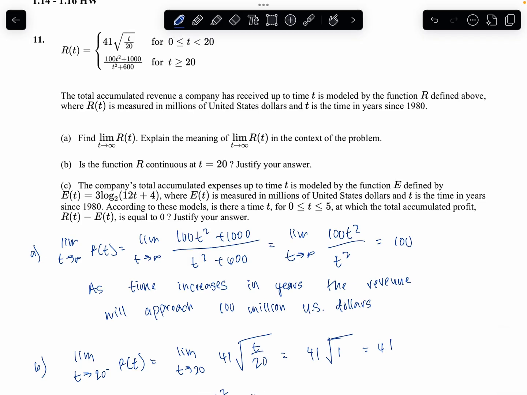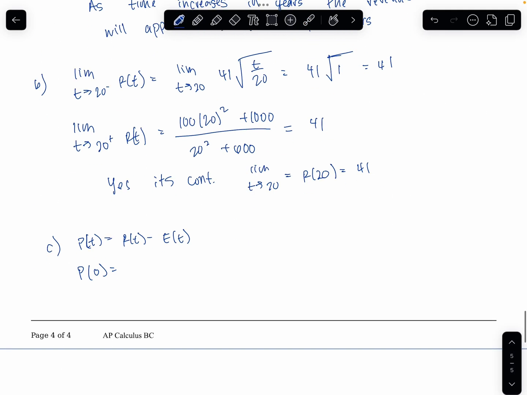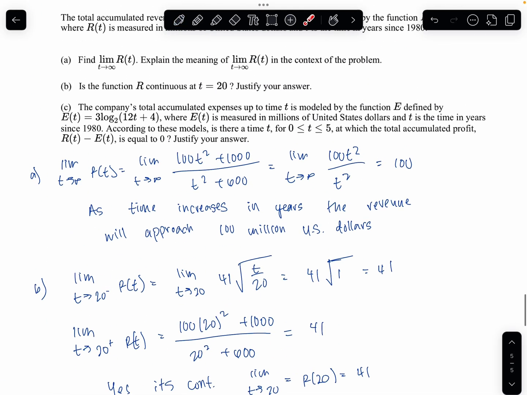So if I find P of 0, I have to take R of 0. R of 0 is going to be 41. And now I need to find E of 0. If I plug in 0 here, oh my gosh, gonna have to do some algebra. So 3 log base 2. If I plug in 0 right here, I'm gonna get 4. If you guys remember how to evaluate logs, great, because I'm struggling right now.